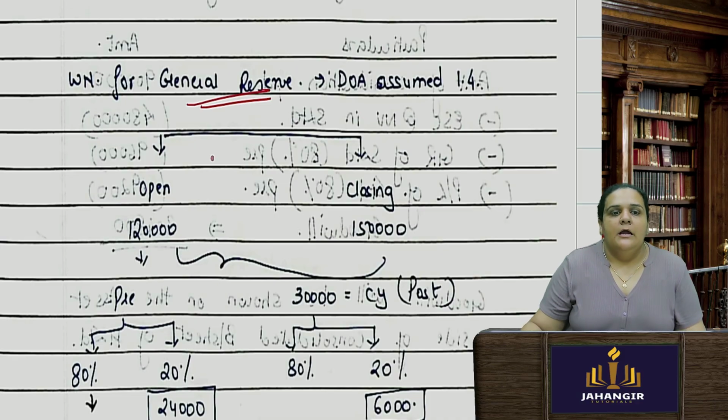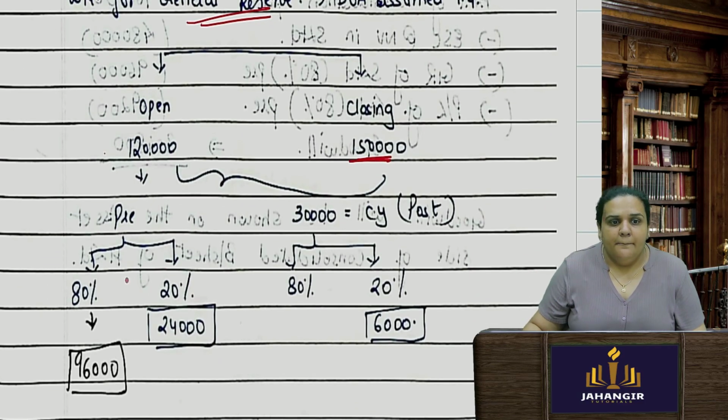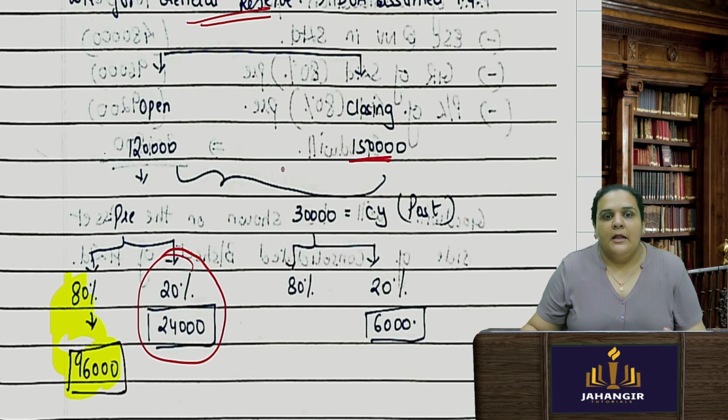The 1,20,000 is pre, and I will divide it between holding and minority. The holding company's 80% will be 96,000 and the minority interest 20% will be 24,000 rupees. Current year, they must have earned 30,000 and put it in the general reserve, because it is standing at 1,50,000.